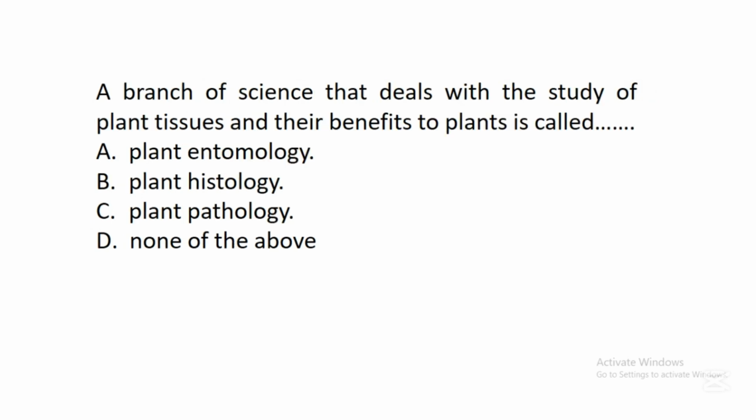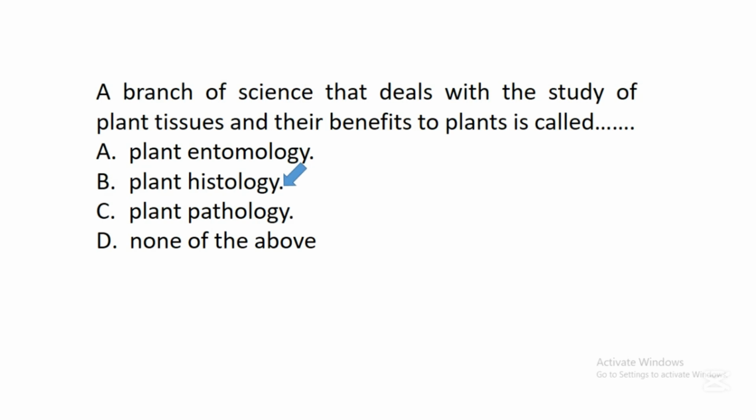The next question says, a branch of science that deals with the study of plant tissues and their benefits to plants is called dash. A. Plant entomology. B. Plant histology. C. Plant pathology. D. None of the above. In this question, the correct answer is B. Plant histology.